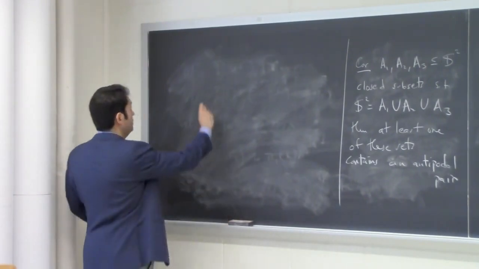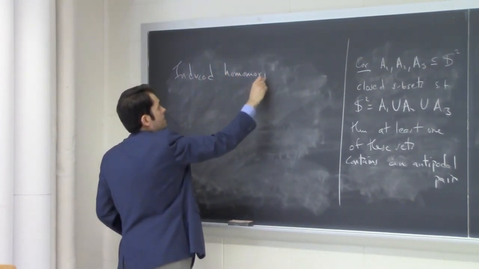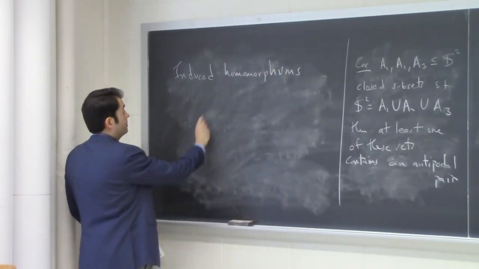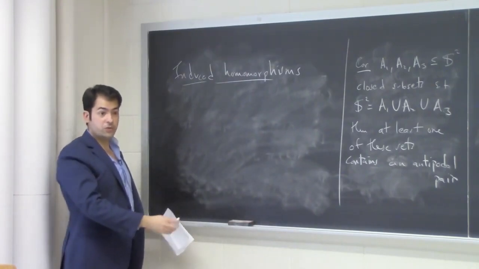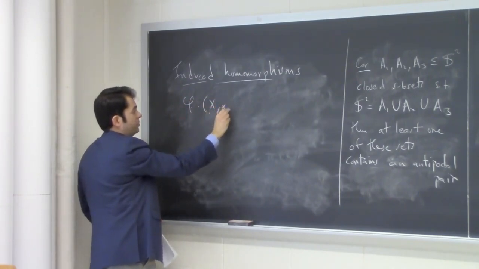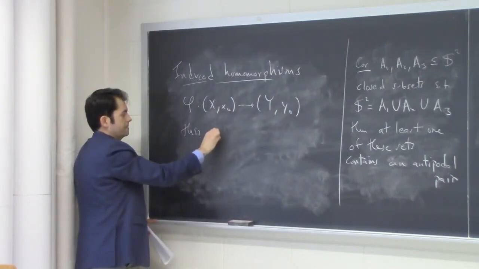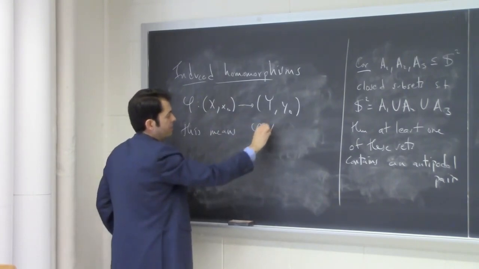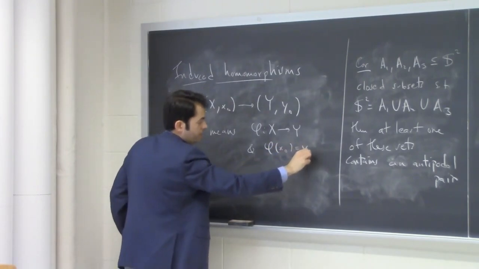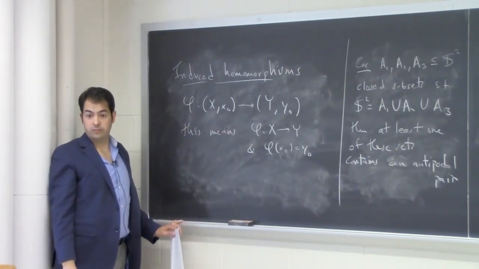Okay, here's another part of the theory: induced homomorphisms. First, notation. If we say that a map goes from (X, x naught) to (Y, y naught), this means that you have a map from X to Y, and it happens to send x naught to y naught. So it's faster to just include that in the notation for phi.